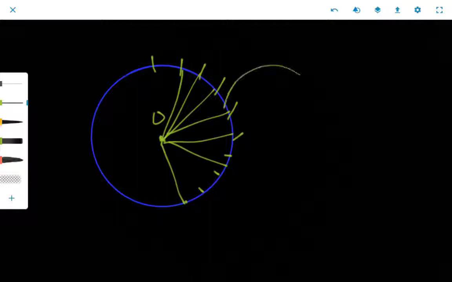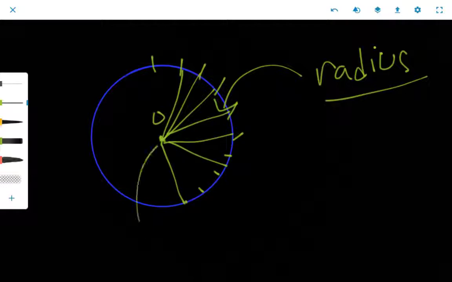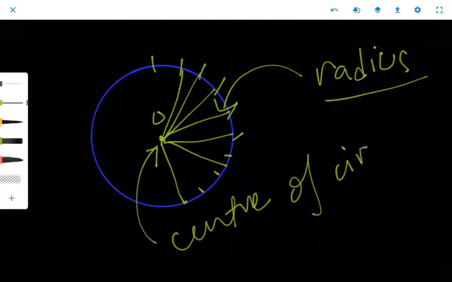This length we call radius. This fixed point is the center of the circle, understand? So I'll clear all this.